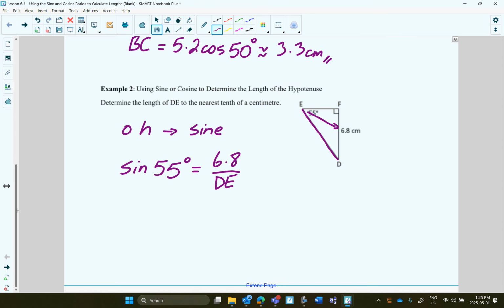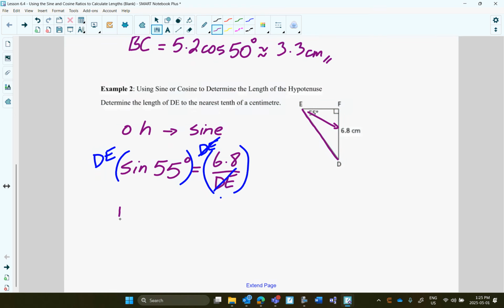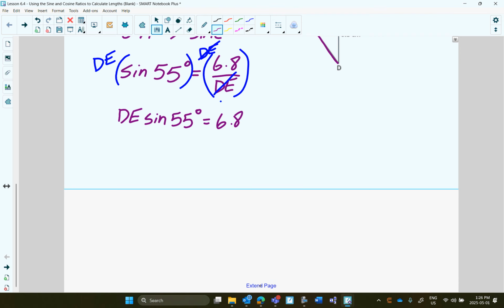Now we're going to solve. What's the first thing you're going to do? Multiply by DE, right? So I have DE times sine 55 degrees equals 6.8. DE is still not by itself yet. What do I need to do? Divide by sine 55 degrees.